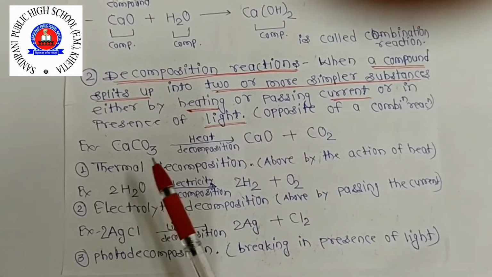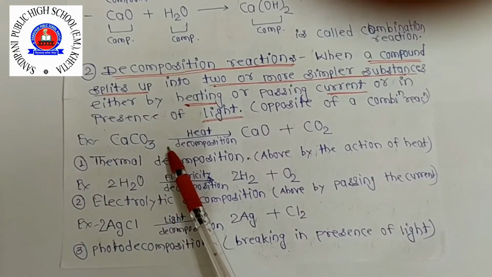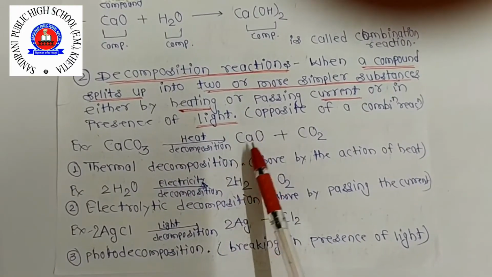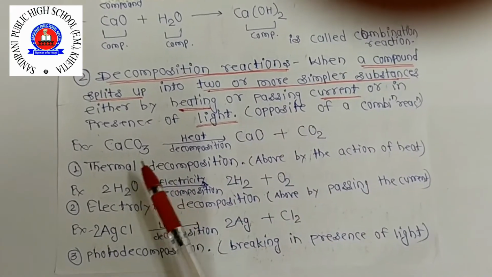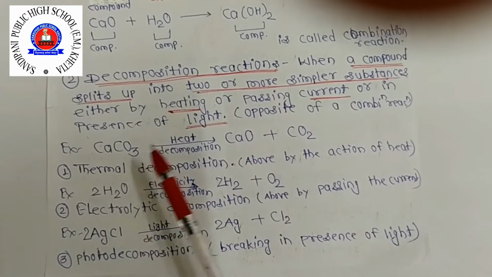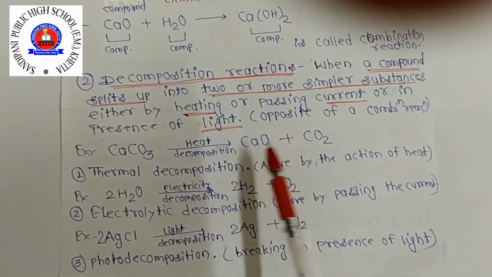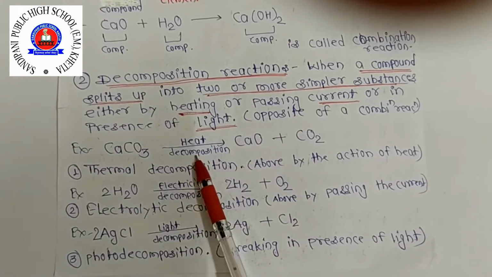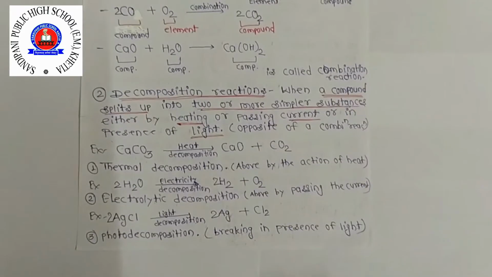So look here at some examples. Here is calcium carbonate, which breaks down and gives calcium oxide and carbon dioxide. When a decomposition reaction is carried out by heating, it is called thermal decomposition reaction.